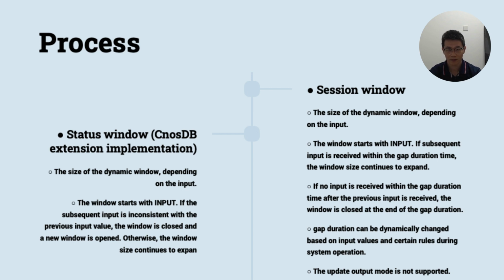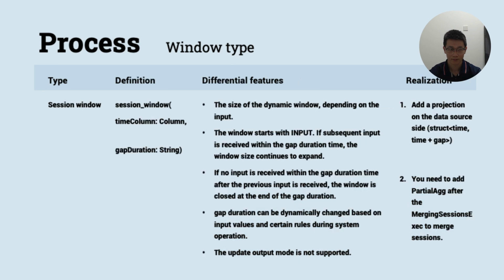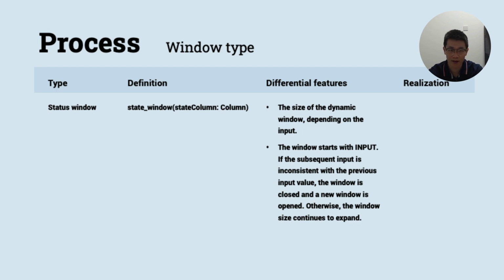Now let's move on to each type of window, its definition, characteristics, and implementation. As we mentioned earlier, we gave a rough overview of what the windows are like, so we won't go into the details here.